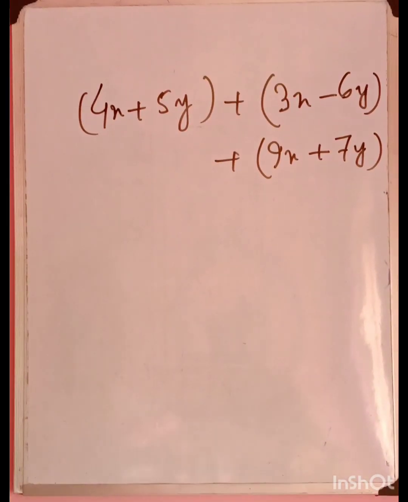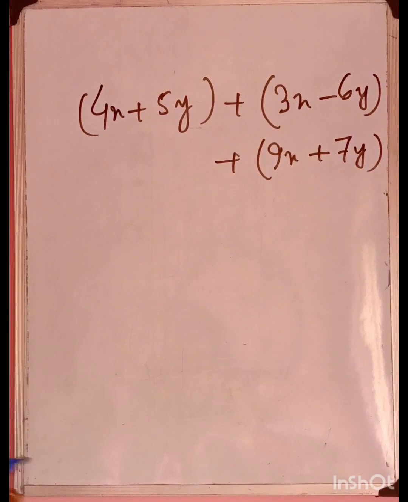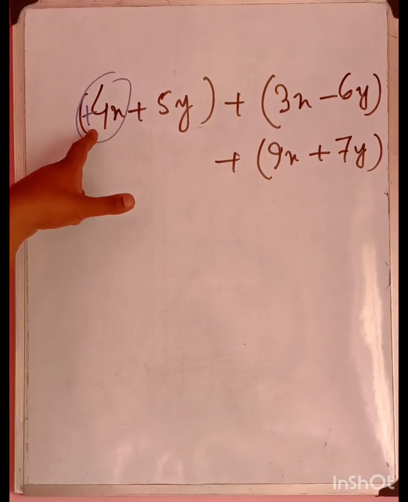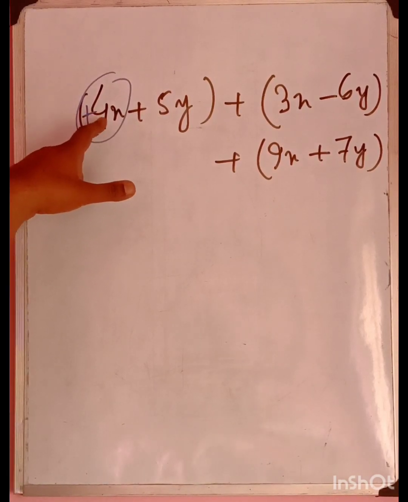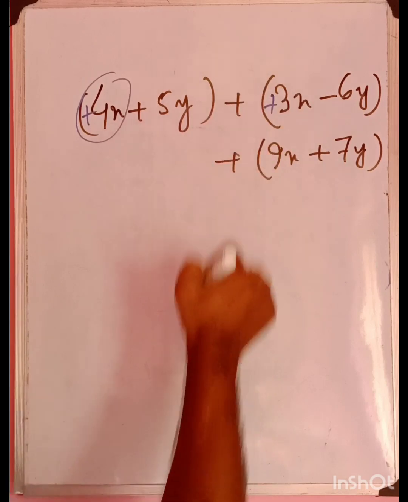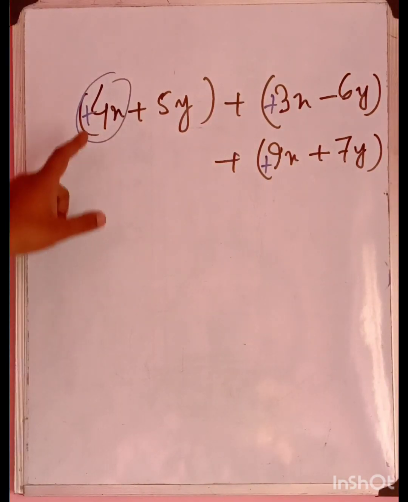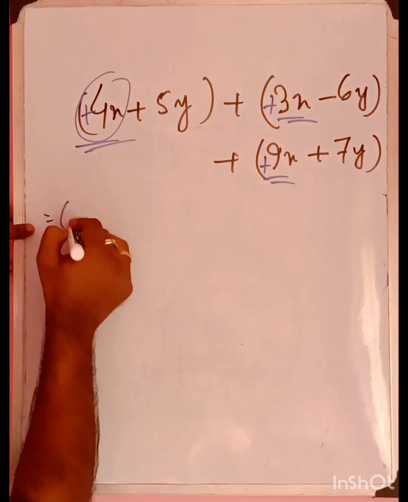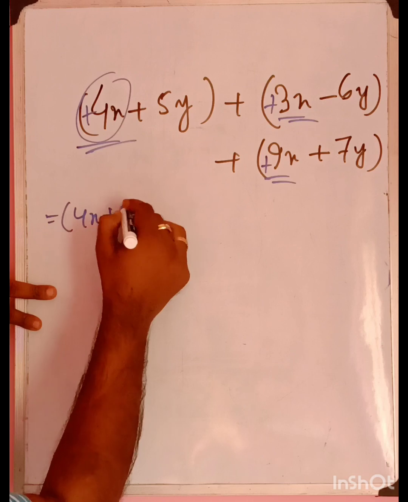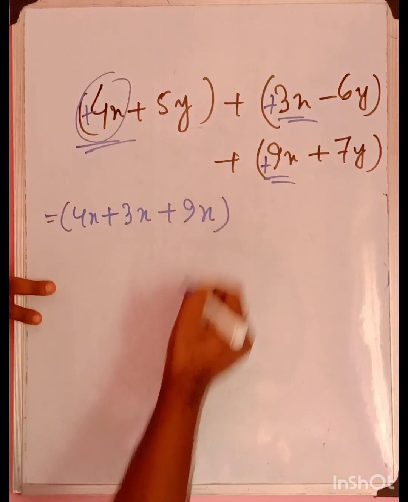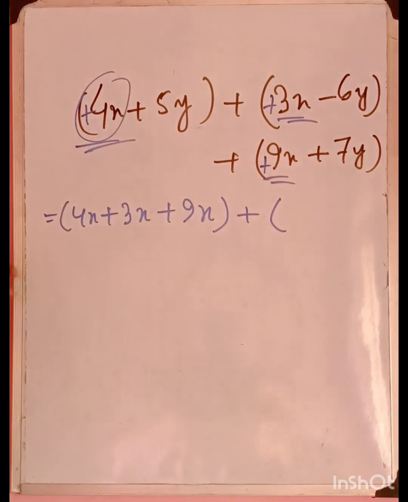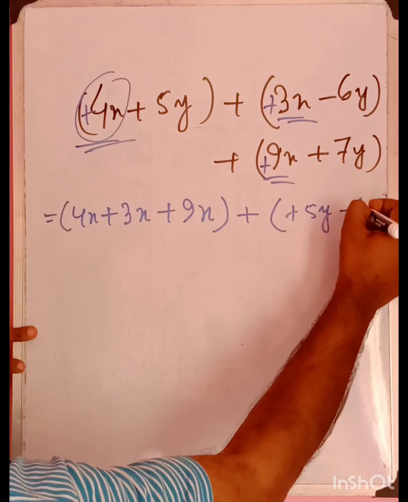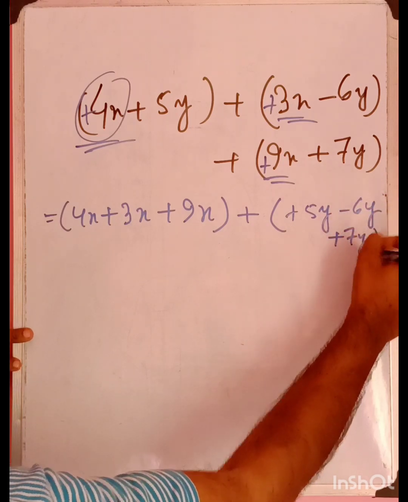Pause the video, do it yourself, and then check my solution. 4x is plus 4x. If no symbol is given beforehand, it is assumed plus. Plus 3x plus 9x. So like terms are 4x, 3x and 9x. Okay. Keep it in a bracket: 4x plus 3x plus 9x. Again, the second bracket is a bracket of y's: plus 5y minus 6y plus 7y.